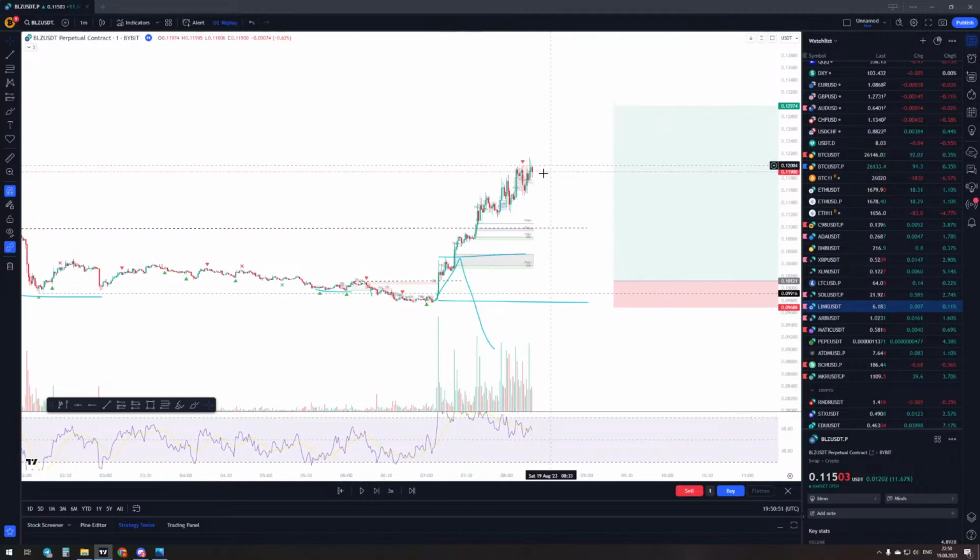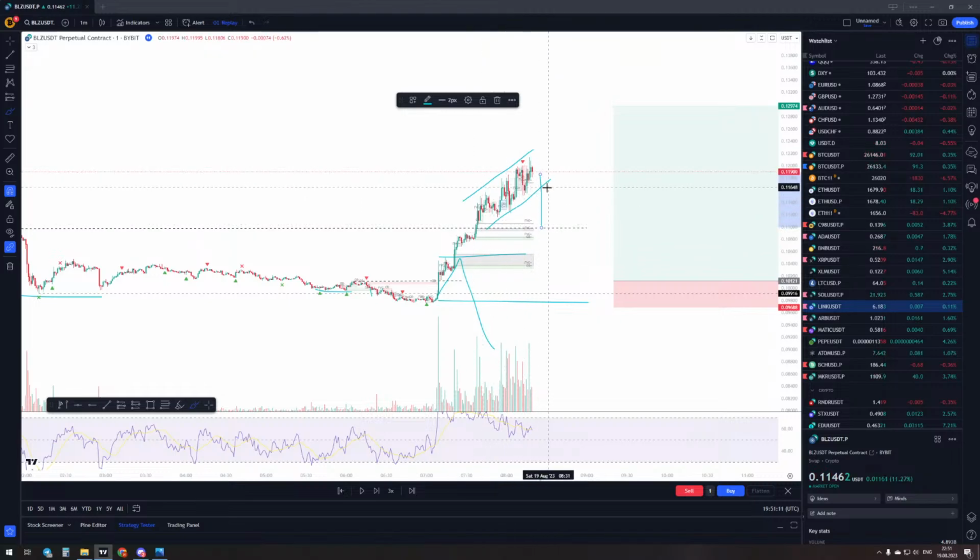I would definitely go out already, because when we have this price action, I don't like it, because it can just go down easily.